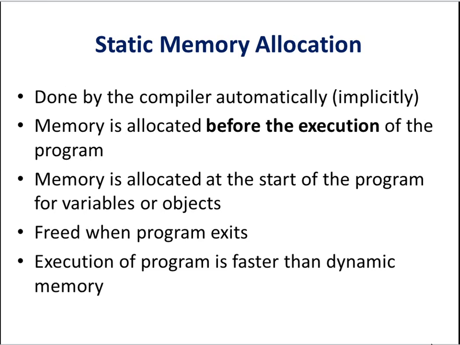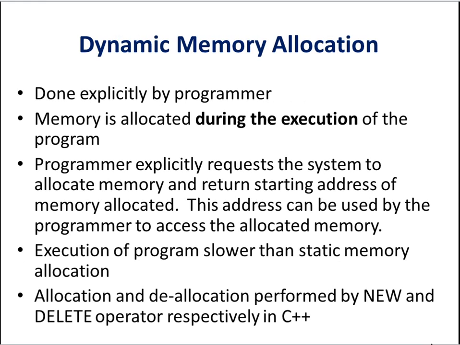So to avoid the wastage of memory, we use dynamic memory allocation. Dynamic memory allocation is done by the programmer as per need, or whenever memory is needed. Memory is allocated during the execution of the program or while running the code.